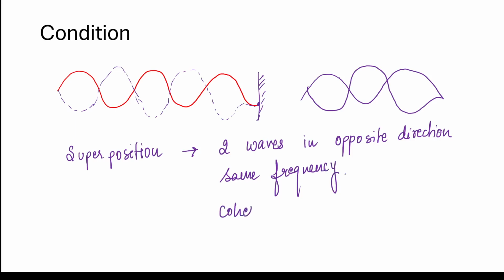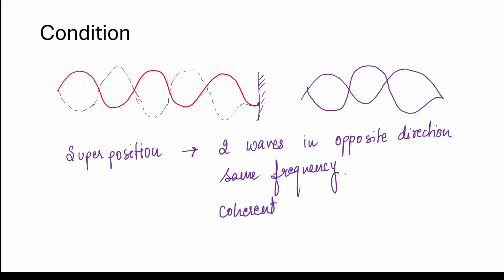Coherent, as we saw in the video on interference, means waves which have the same frequency and constant phase difference. So if the waves are coherent and they are traveling in opposite directions, they produce stationary waves. And if they are coherent and they travel in the same direction, they produce an interference pattern, constructive and destructive.